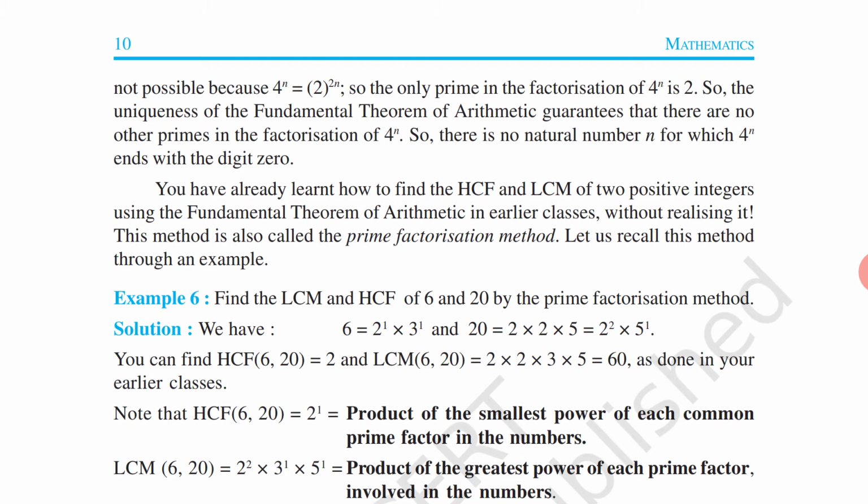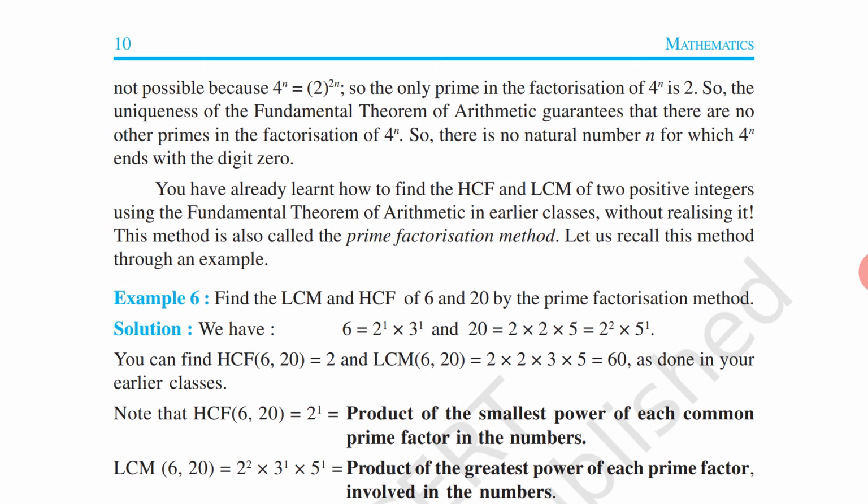Suppose we find the HCF and LCM of 6 and 20. You know that it is very easy. We have already done this method in earlier classes. The prime factors of 6 are 2 into 3. The factors of 20 are 2 into 2 into 5, that is 2 square into 5. So the HCF of 6 and 20 is 2, the common factor.